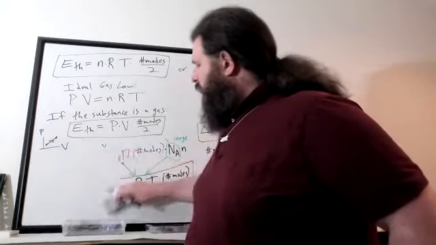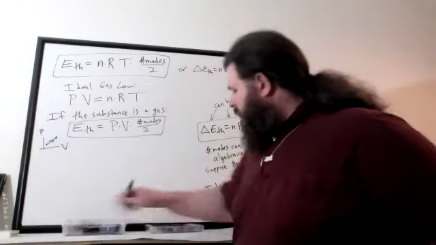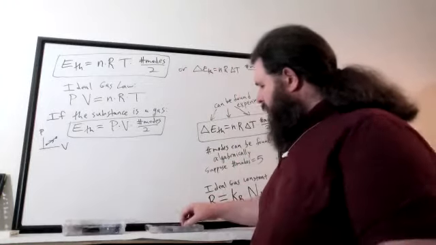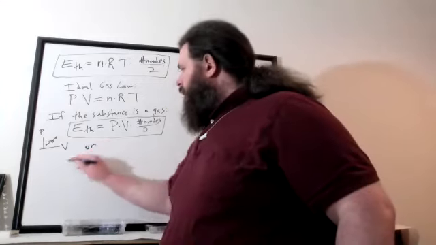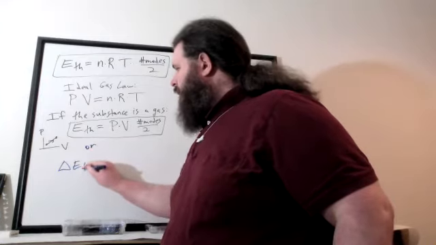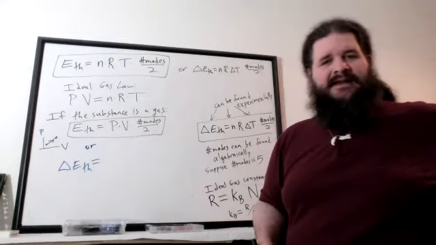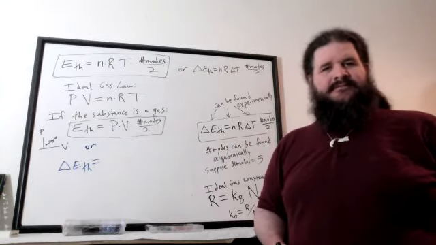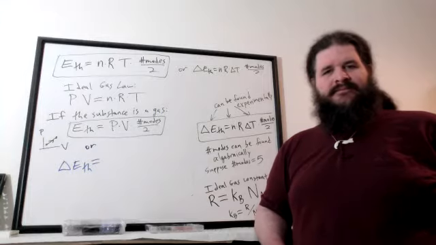And of course, we could also convert this to a delta thermal energy as well. If we want to write this as change in thermal energy, what could be changing on this side of the equation as you add heat? The pressure?